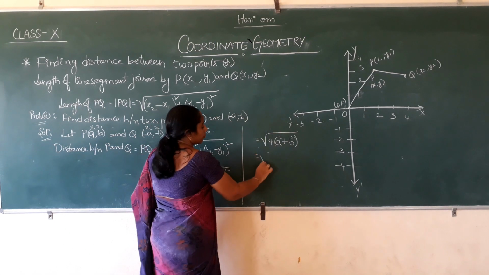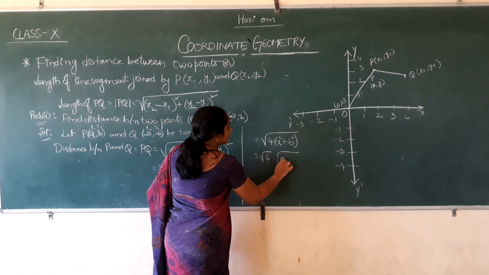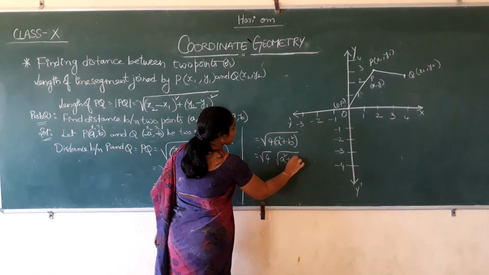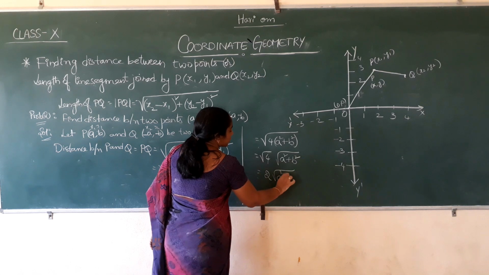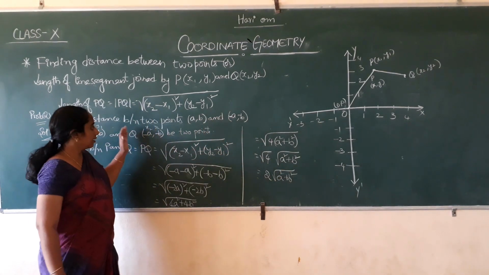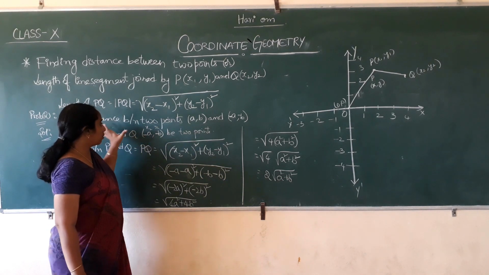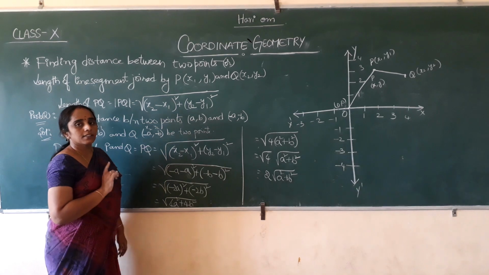As you know, we can write this as root 4 into root of (a square plus b square). It is 2 root of (a square plus b square). This is the length of PQ, or the distance between the 2 points P and Q.